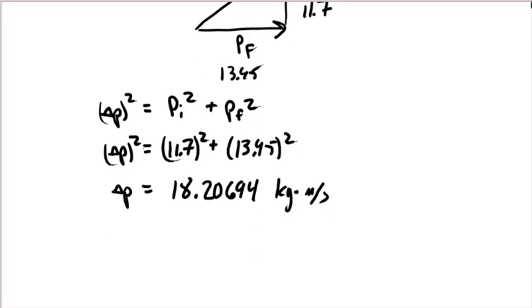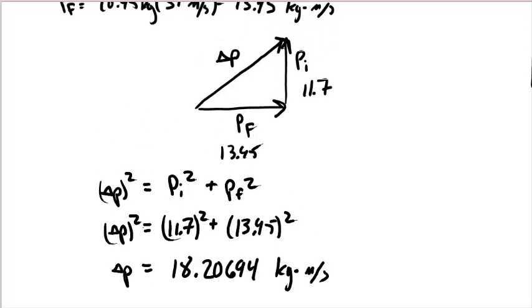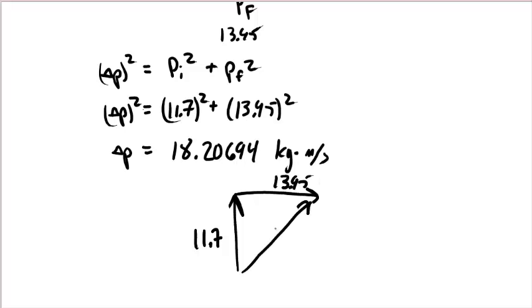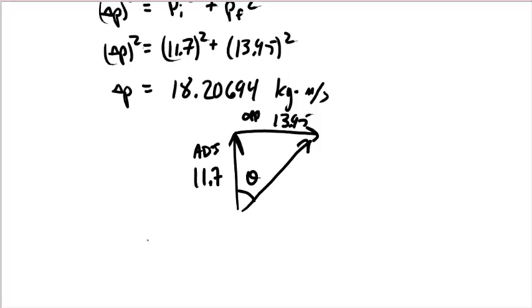So we also need an angle because this is a right triangle. So if we come back to here, and if I draw this out, if I have 11.7 plus 13.95, and if I want an angle theta, then I'm going to call this my opposite side, this is my adjacent side, so I'll just use tangent again.